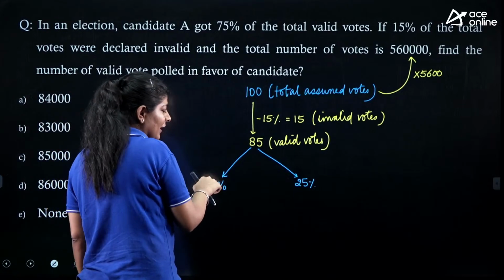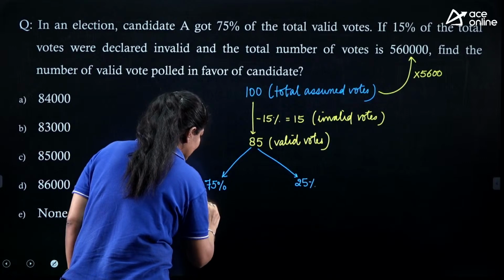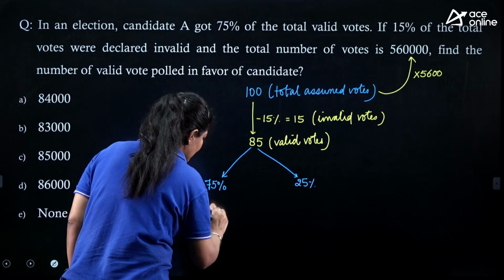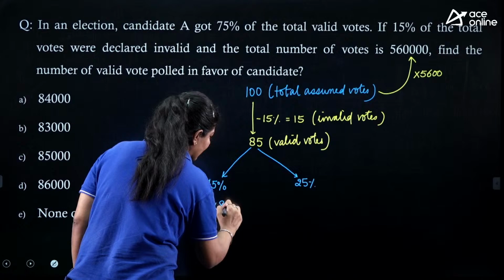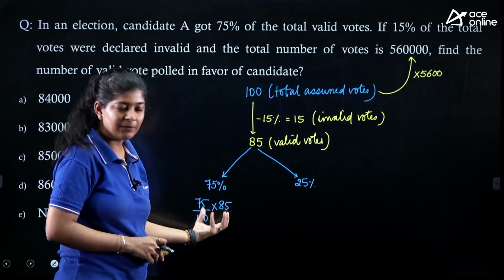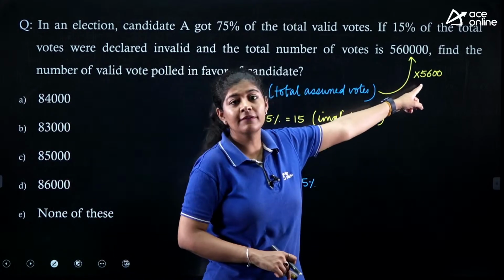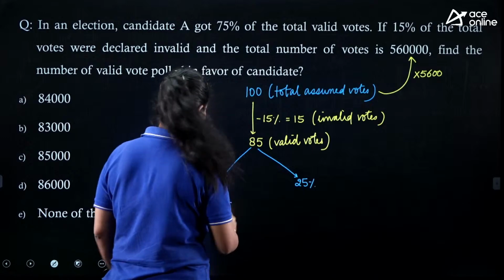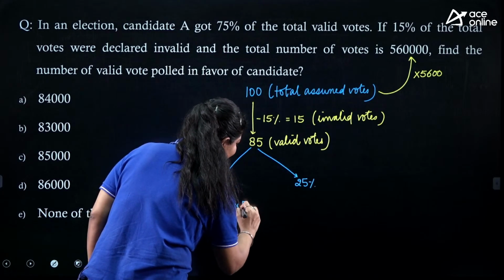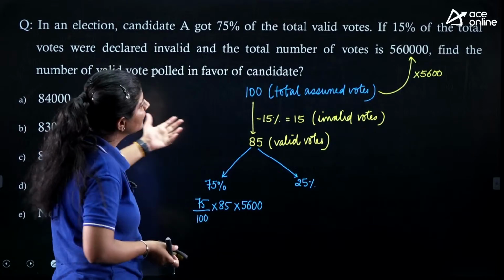So, if we want to calculate the 75% of 85, we can write it as 75 multiplied by 85, right? We will get some number, but we know that this number is also present on the multiple of 5600. So just simply multiply it, because this is the only thing that we need to calculate.